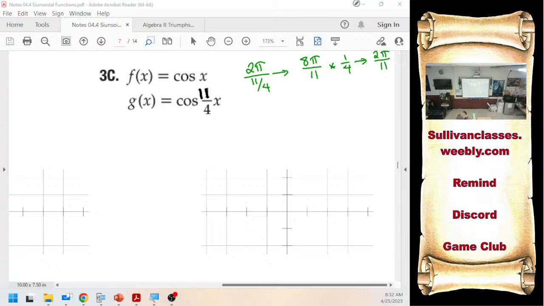Y'all, this is just fractions. I know that sometime around 6th grade when we started letting you use a calculator, you just forgot how fractions worked. But you big kids, I know you can do it. We have to be able to work with fractions because today we're going to do the phase shift in addition to changing the period.